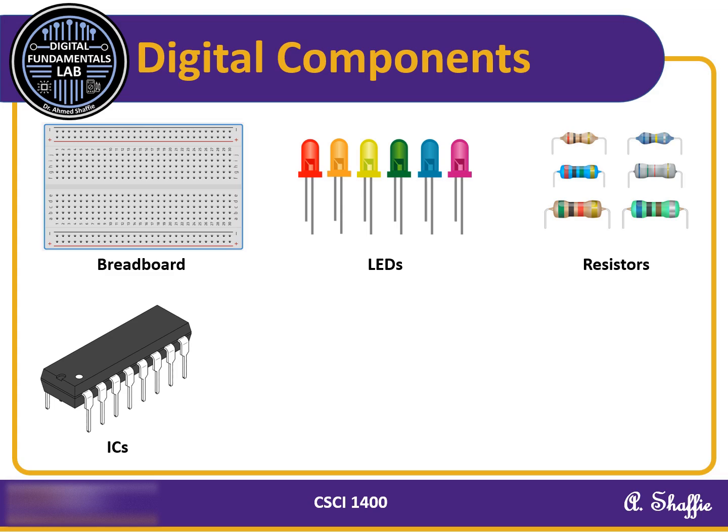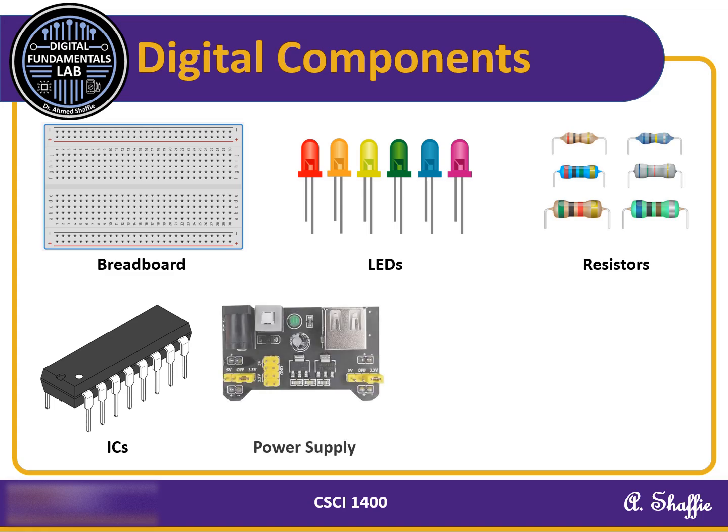Another key component is the integrated circuits that we call ICs, which are the brain of our digital logic circuits. To power everything, you will need a power supply that provides consistent voltage. We also use switches to control the flow of electricity in our circuit, and they act like our input.